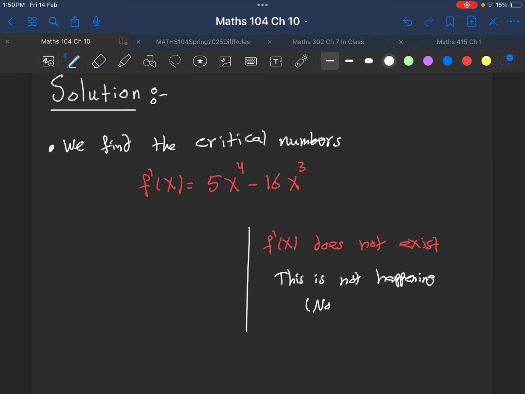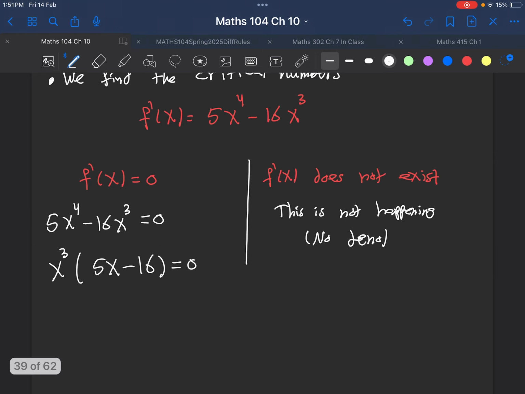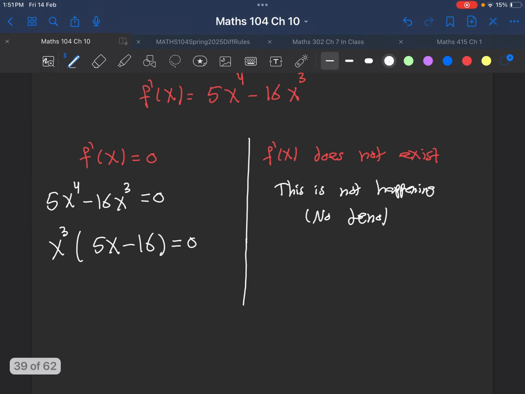Because there is no denominator. The second case is we have the first derivative equal to 0, which means we have 5x^4 minus 16x^3 equal to 0, which means x^3 times (5x minus 16) equal to 0.